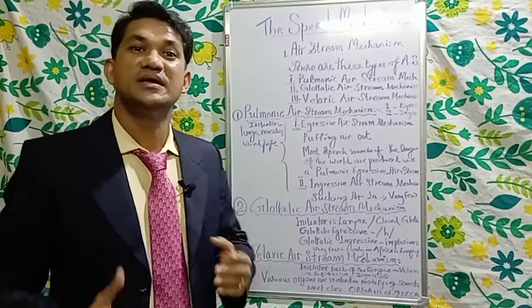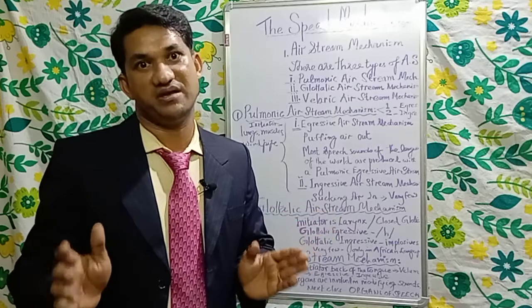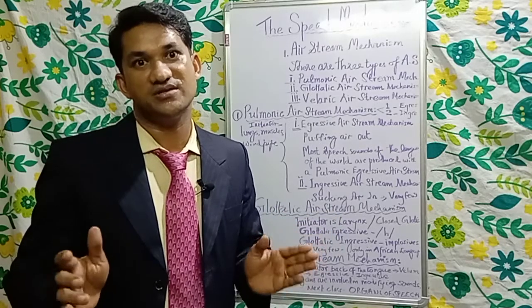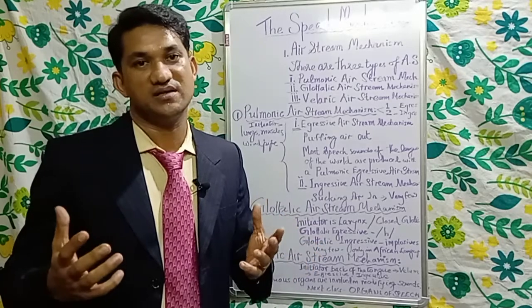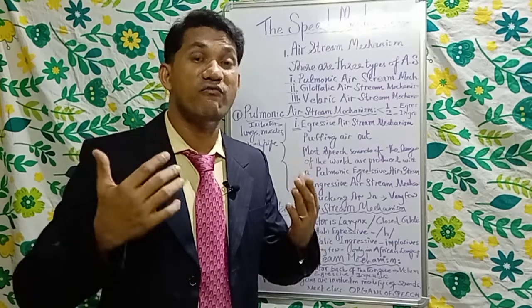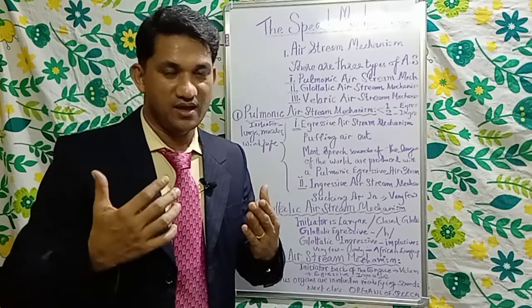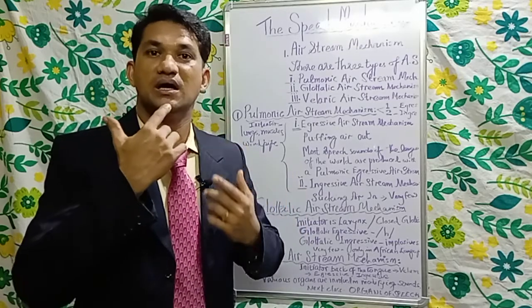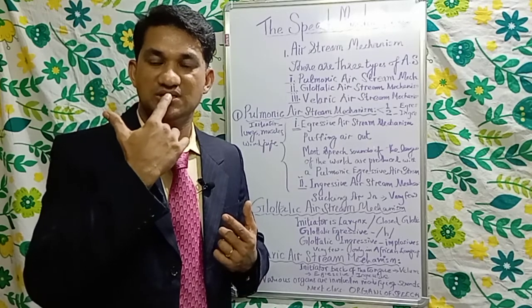Now we move on to the third airstream mechanism, the velaric airstream mechanism. So what is the velum? Velum is the soft palate. We have the mouth, the lower lip, the upper lip, lower teeth, upper teeth.